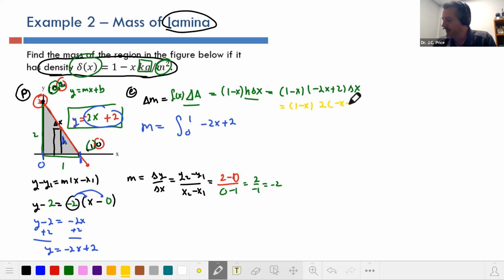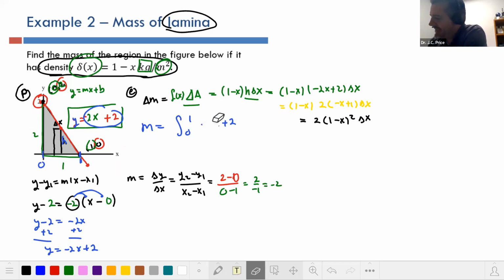I get -x plus 1 delta x, which actually equals 2 times 1 minus x quantity squared delta x, which is kind of nice. And so now when I integrate this to find the mass, so now I'm on the right track. So now when I integrate this to find the mass, I have 2 times 1 minus x quantity squared, and the deltas become a d, so dx.